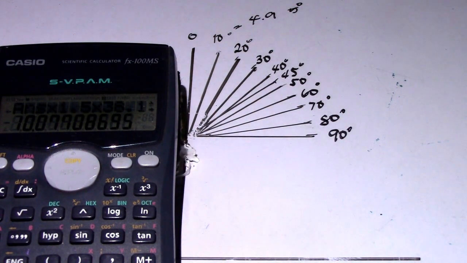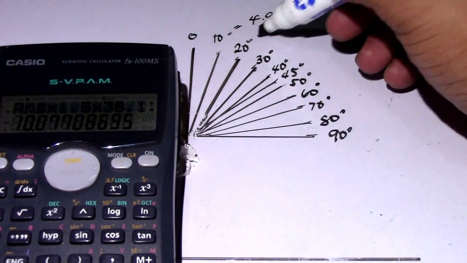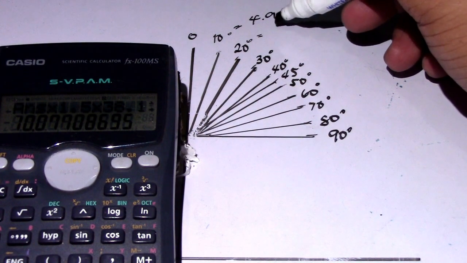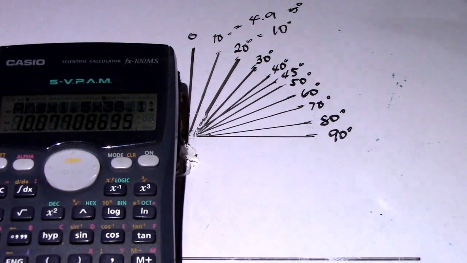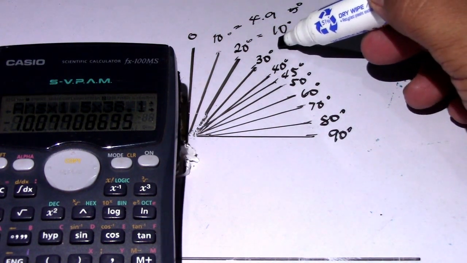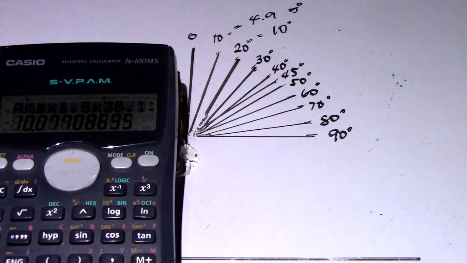So this is the constant angle of 20. Now let's compute 30 degrees, 45, and 60.